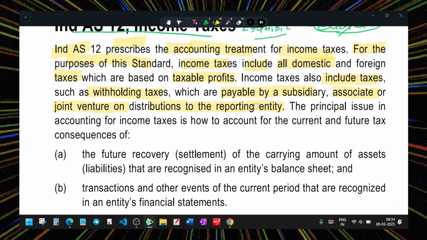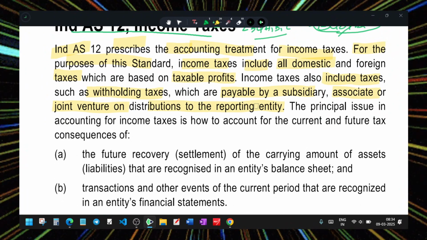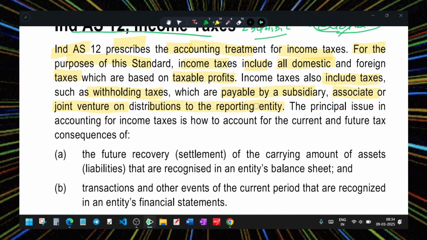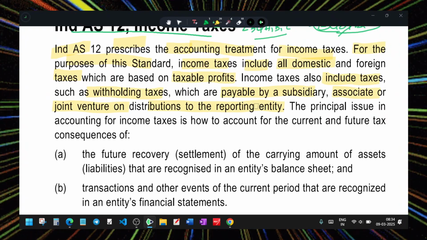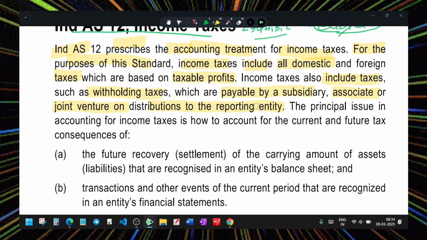On that profit, we share in some ratio. That profit is eligible for tax, so we need to pay tax. So the reporting entity needs to pay tax.